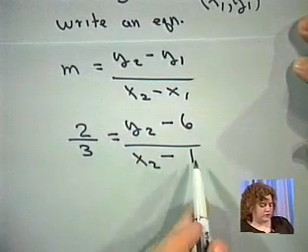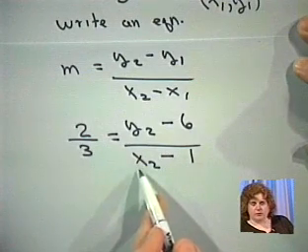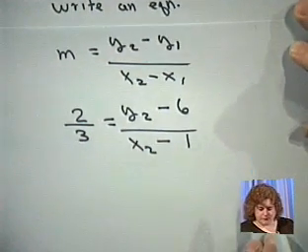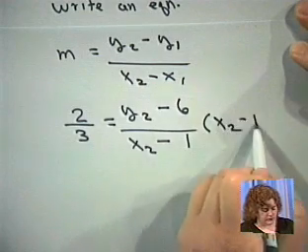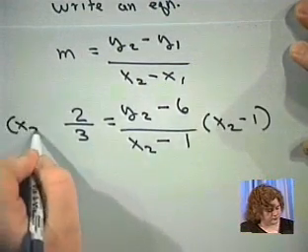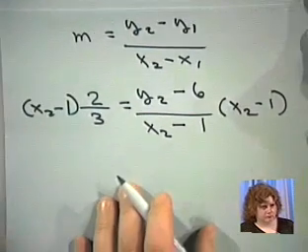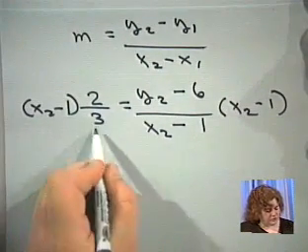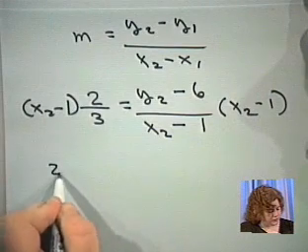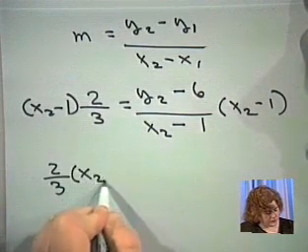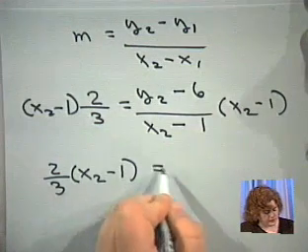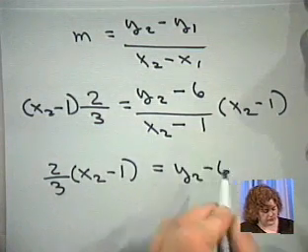Now, let's just get rid of the denominator on the right-hand side here by multiplying each side by x2 minus 1. Now, I'm just going to put the 2/3 in front. It will look a little more comfortable and have the same meaning. 2/3 times x2 minus 1 is y2 minus 6.